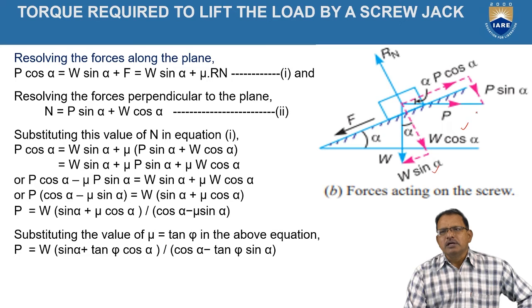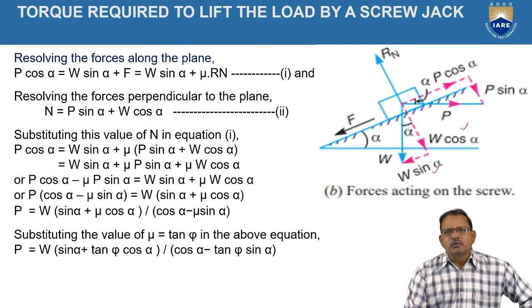W sin alpha always tends to slide the body downward; it is also called the sliding force. W cos alpha is perpendicular to the inclined plane, and it balances the normal reaction.